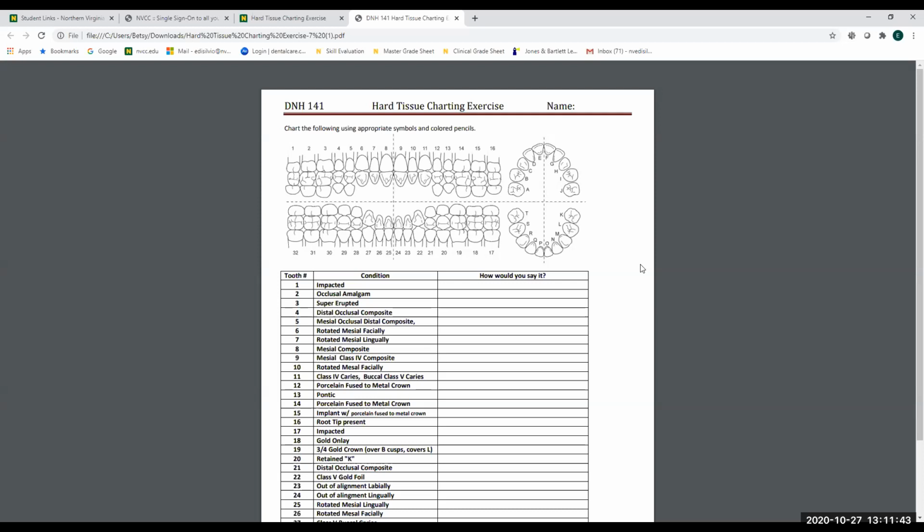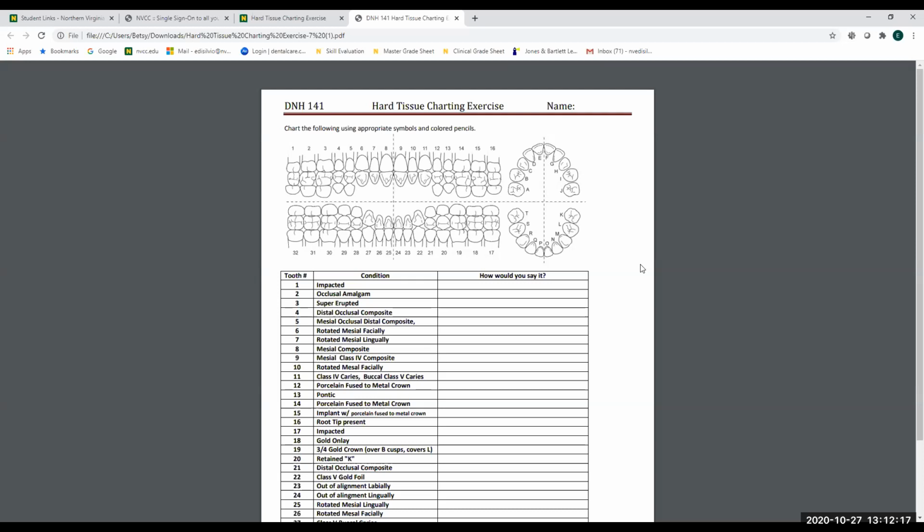But again, this is a universal language that everybody needs to be able to understand. So if you have erasable pens, this is where they really come in handy, the blue and red erasable pens. Pencils are fine, blue and red pencils, but they're difficult to keep sharp. Some people have found mechanical pencils in red and blue that they can use too. So that's what this exercise is.